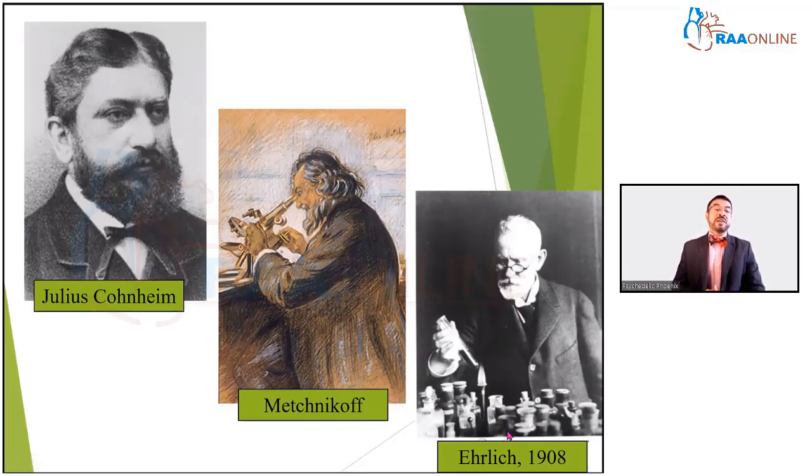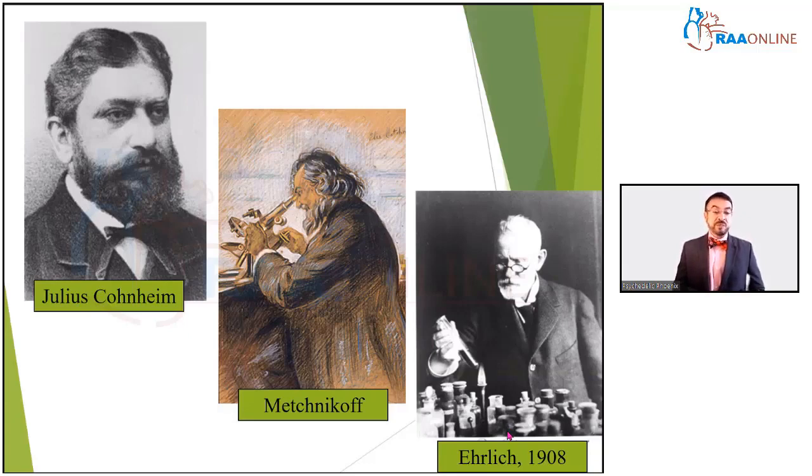Later on, we've had significant contributions from Julius Cohnheim, who was the first one to observe vascular changes in inflammation under a microscope. And later on, Elie Metchnikoff, who postulated and showed that phagocytosis is one of the important aspects in inflammation.